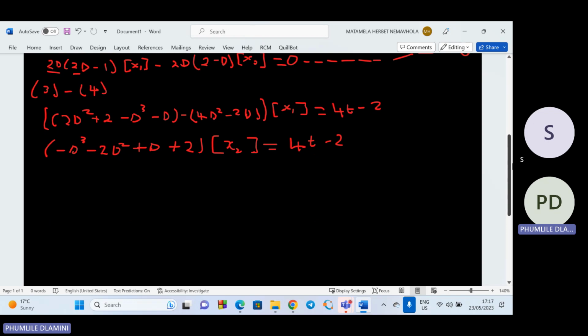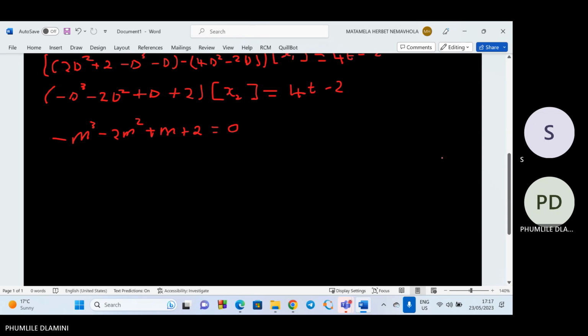So now when we have this, we can factorize this one. If we factorize, we can rewrite it as m cubic minus 2m squared plus m plus 2, which we can make equal to 0. We can even rewrite it by taking out the negative.